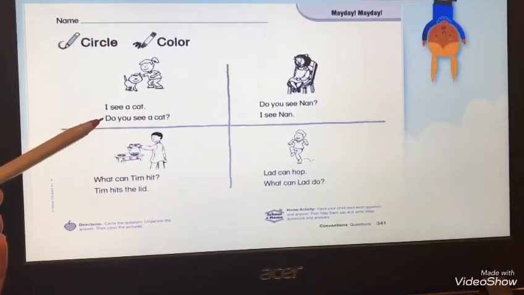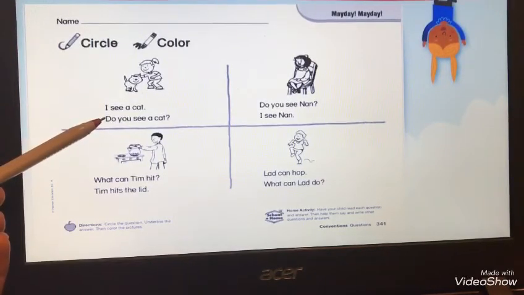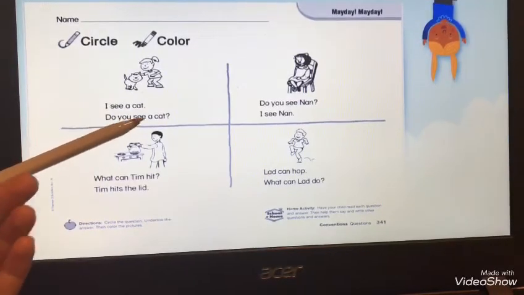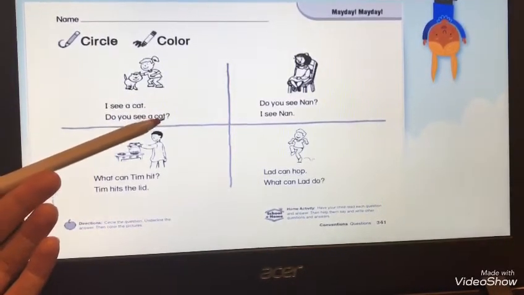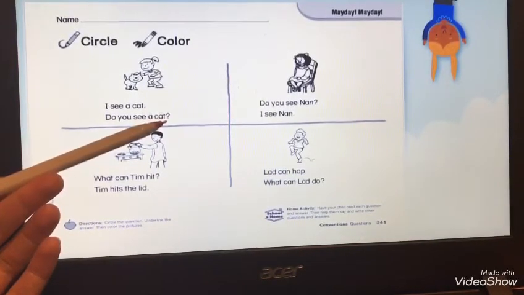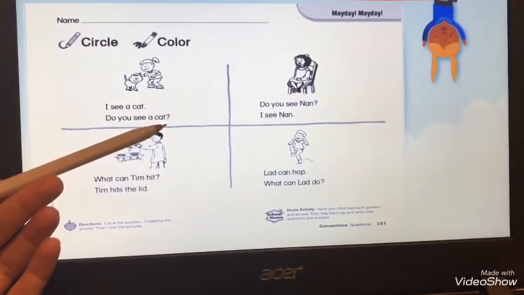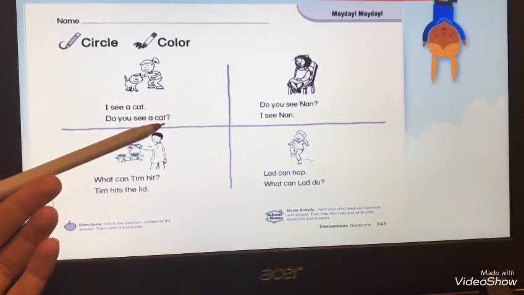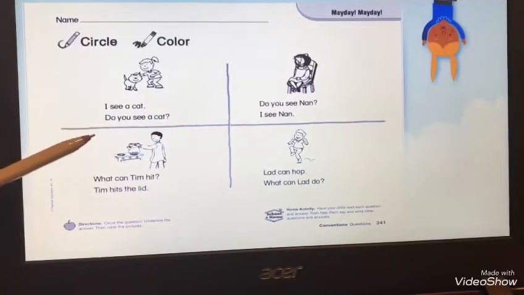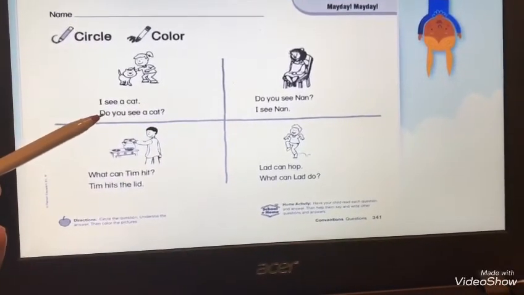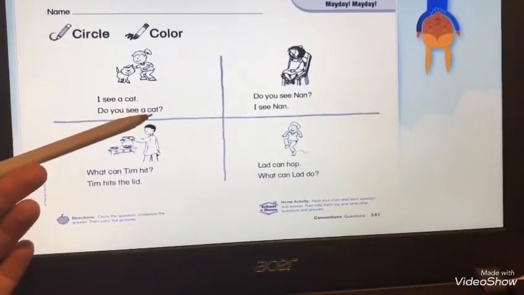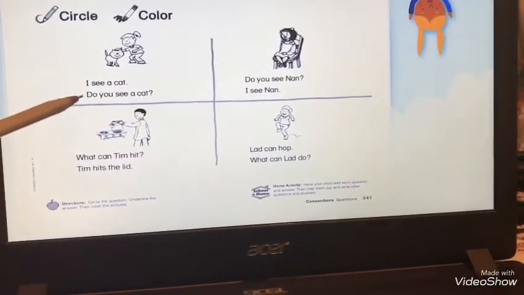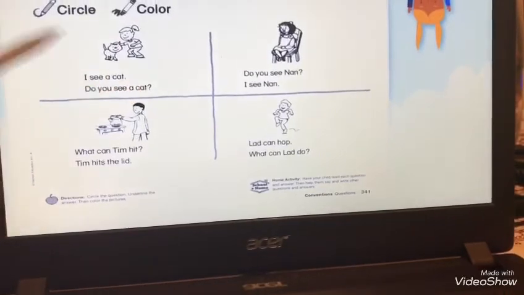This one or this one? Yes, this one. So, do you see a cat? And here at the end, what do we have? We have a question mark. So, is this the question sentence? Yes, very good. This is the question sentence. Do you see a cat? So, circle it, please. Circle the question sentence. Okay?